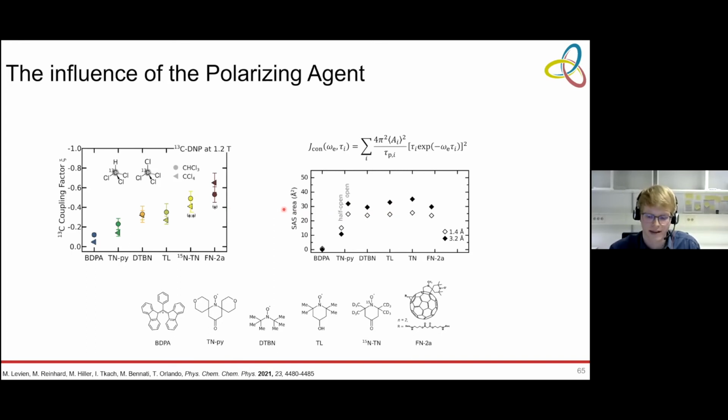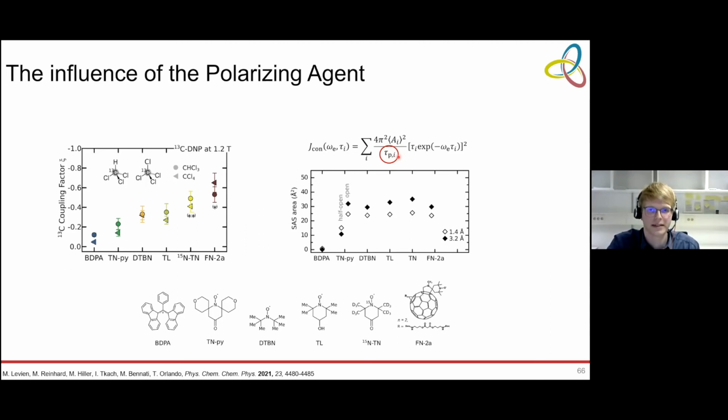What we think is that this accessibility has an influence on the frequency of the encounters: the larger the accessibility, the larger the likelihood of a given encounter, so the larger the probability that they collide in a way that is favorable for polarization transfer. This should be reflected in the frequency of encounters, therefore in this tau p.